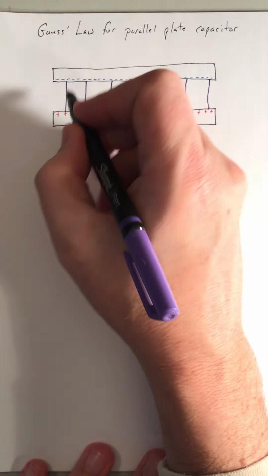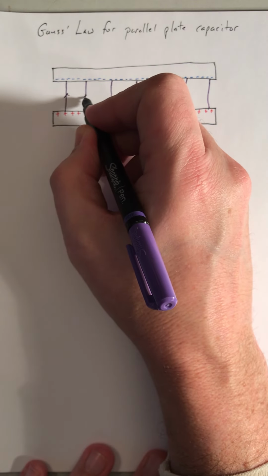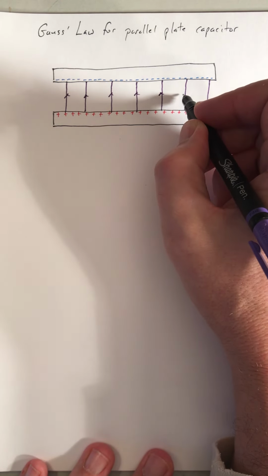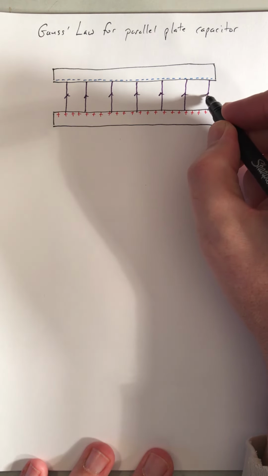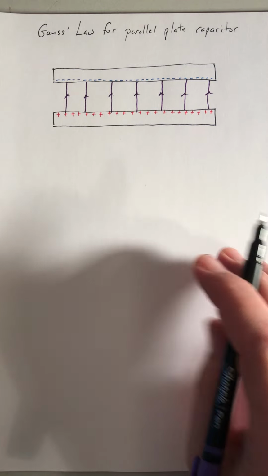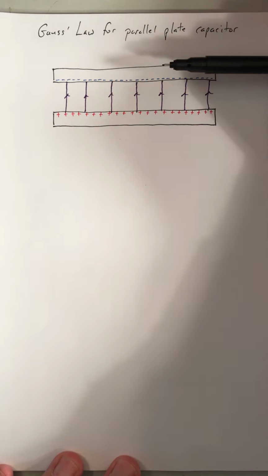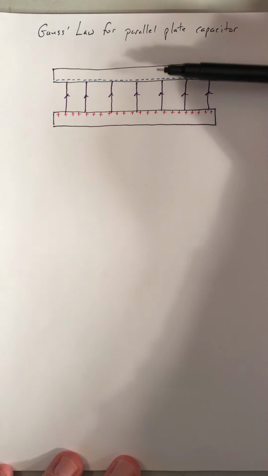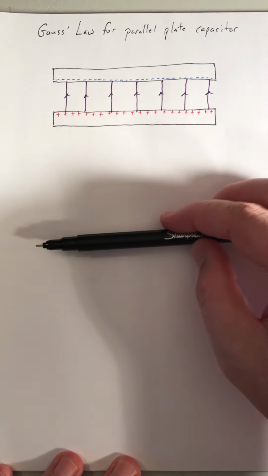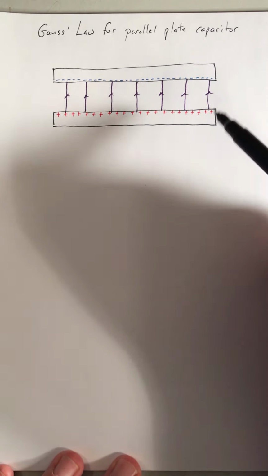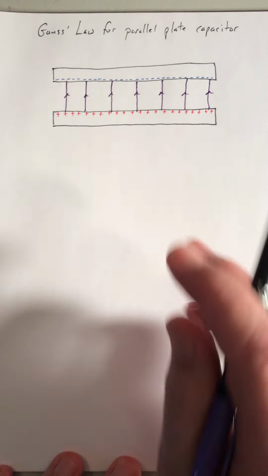So try to draw them so that the space between the lines is the same, and the electric field lines are going to extend away from the positive charge and to the negative charge. Above the negative plate, the electric fields from the two plates cancel out, and below the positive plate, the electric fields from the two plates cancel out, and in between they add together.